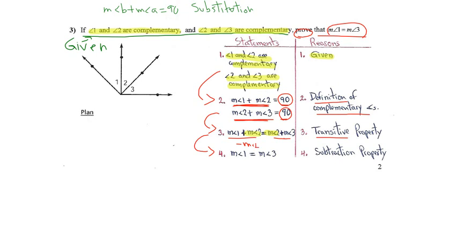Sorry, this is not looking good. So let me rewrite that. So we need to subtract the measure of angle 2 on this side. And we also need to subtract the measure of angle 2 on this side.